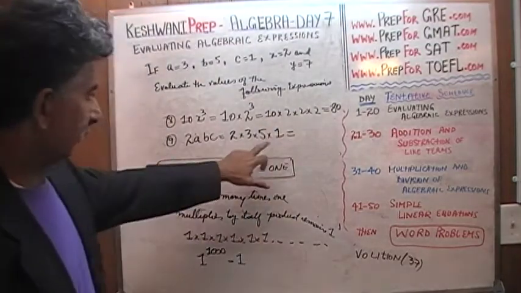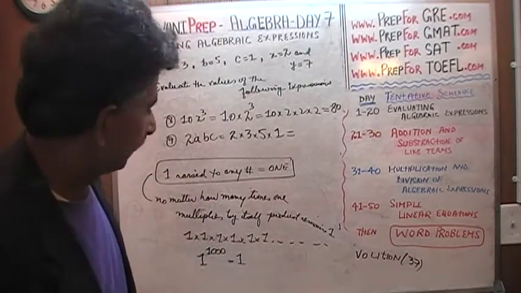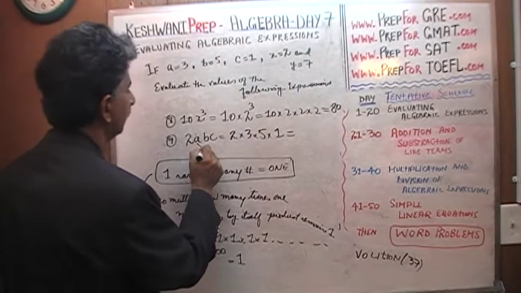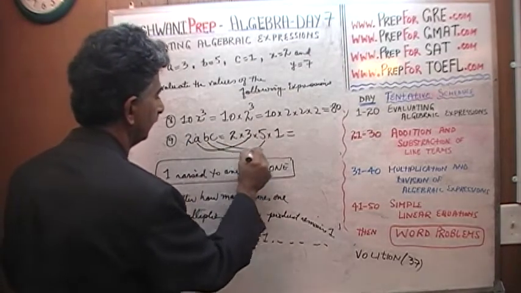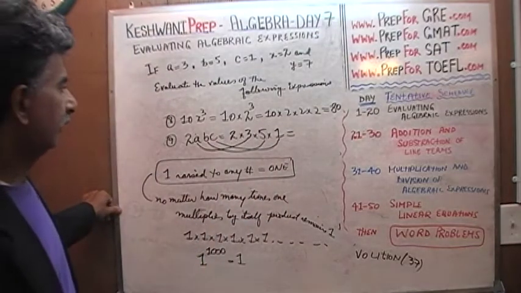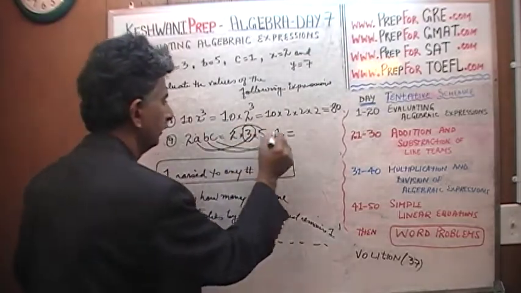I left out the 1 in my calculation because 1 plays no role, but that's what it is. 2 times A, which is your 3, times B, which is your 5, times C, which is your 1. Well, we know that 2 times 5 is 10, times 3 is 30.